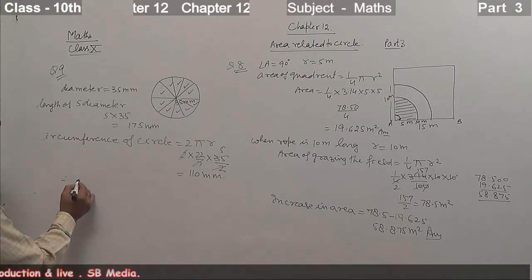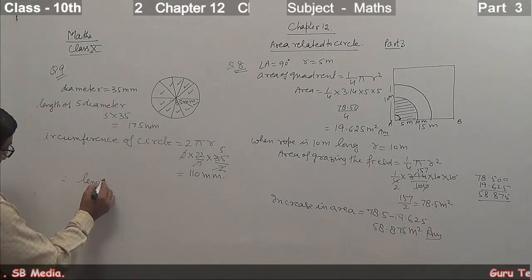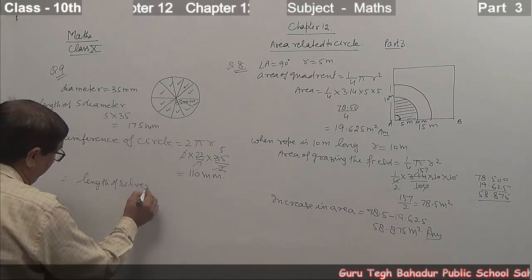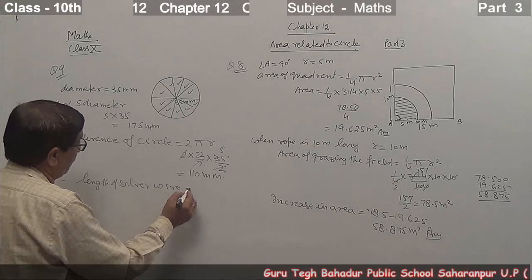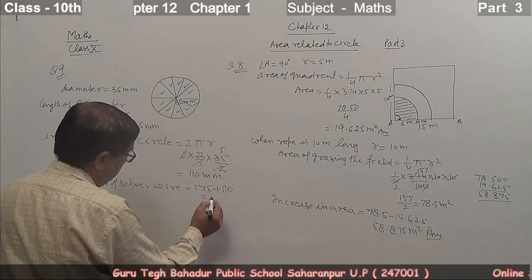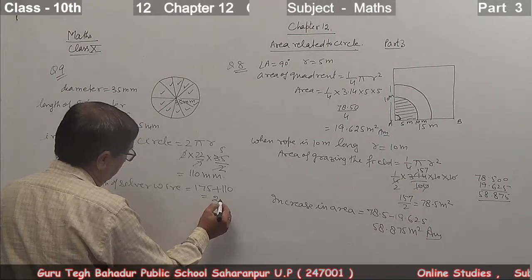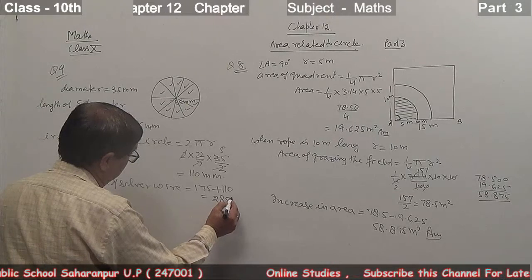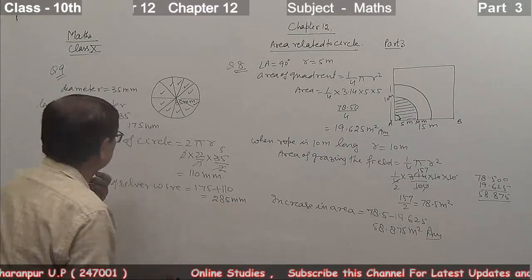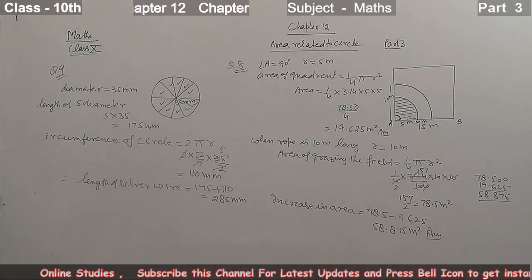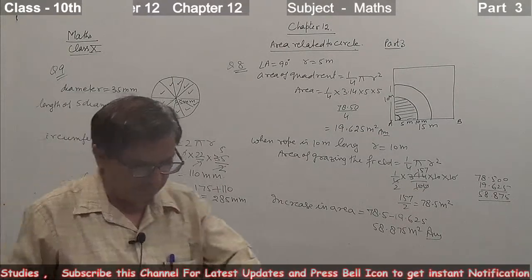Therefore, the length of silver wire is 175 plus 110, that is 285 millimeter. This is the first part.